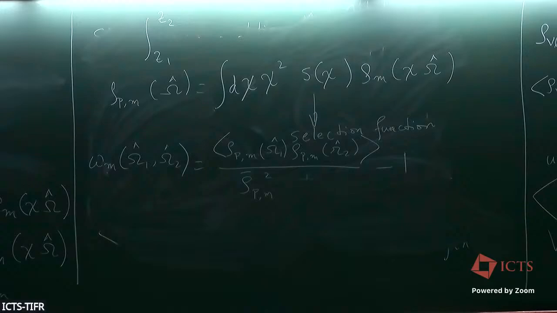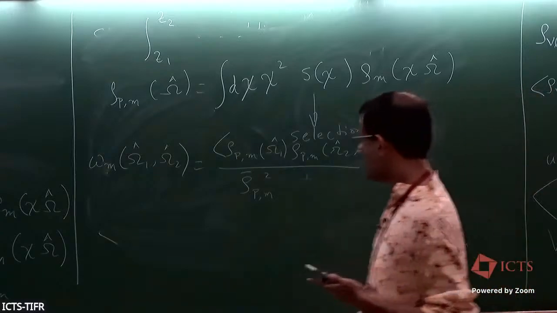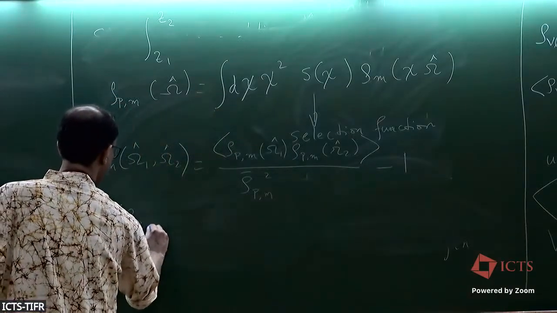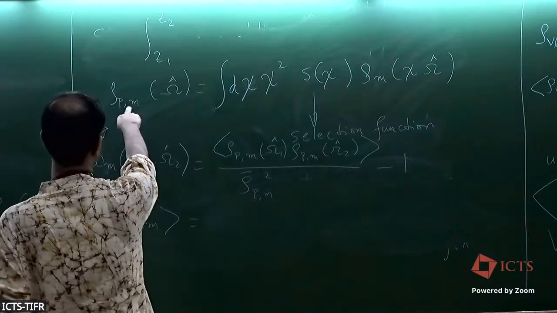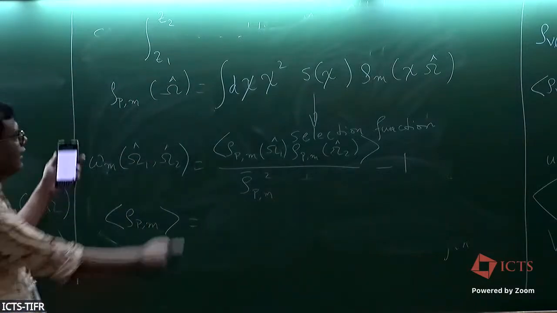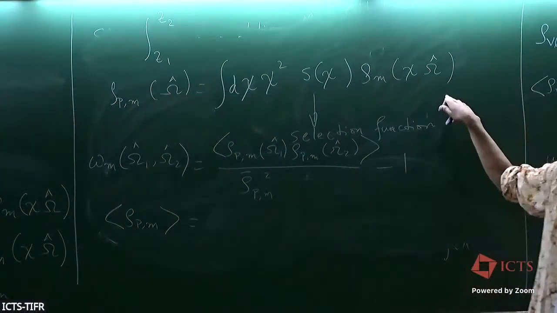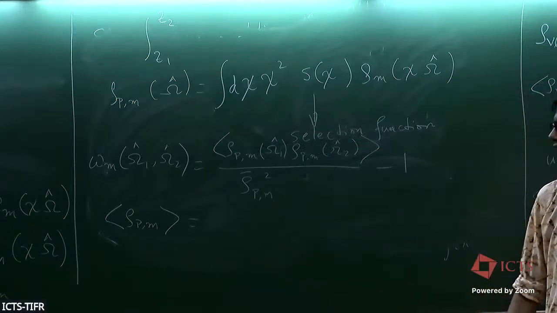But then the question is, is this quantity even related to that correlation function which we discussed and which we think we understand, can simulate, and can calculate from theory? In fact, we can. For that, you have to work out a few steps. Firstly, you realize that if you take the ensemble average of rho projected m, the ensemble average will go and sit inside, which takes the whole thing outside of the integral.